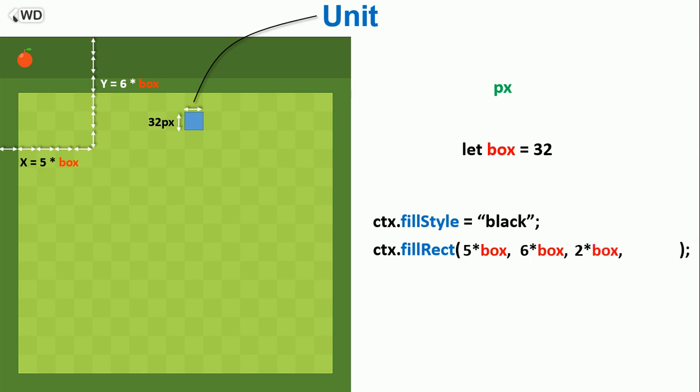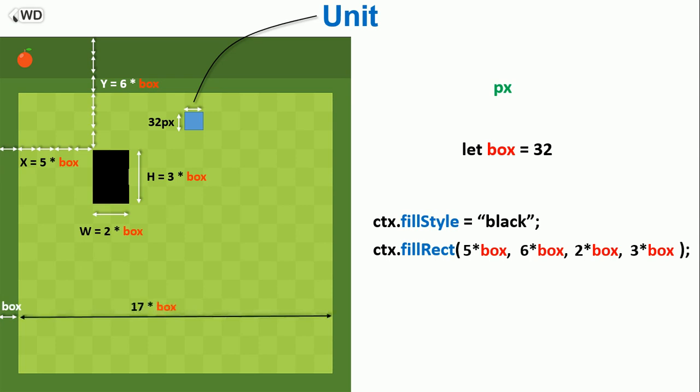Then for the width it's 2 boxes. For the height is 3 boxes. Then our rectangle will be right here. Now remember, this is 1 box, this is 17 boxes, this is 3 boxes, and this is 15 boxes.